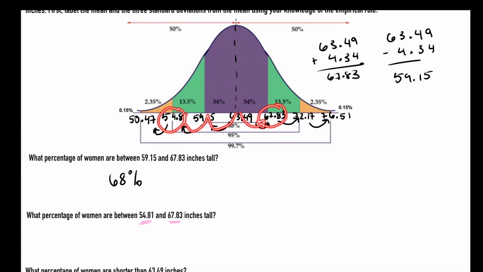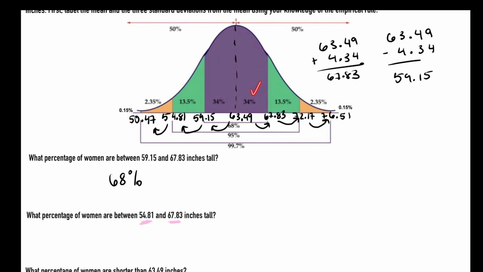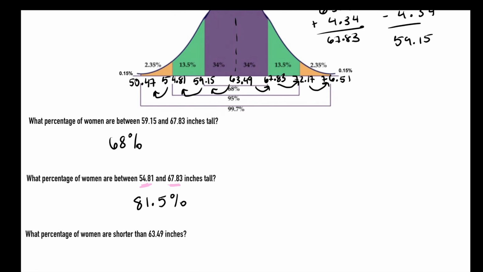So how do I find this? Think of it like I just want to add the percentages of everything that falls within this shaded region here, which is that 34, 34, and 13.5. Adding those up will give you 81.5%.